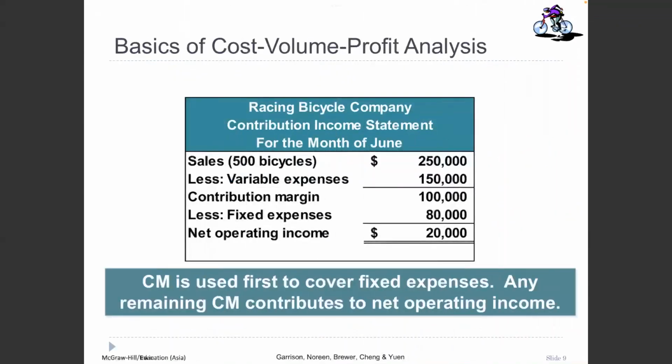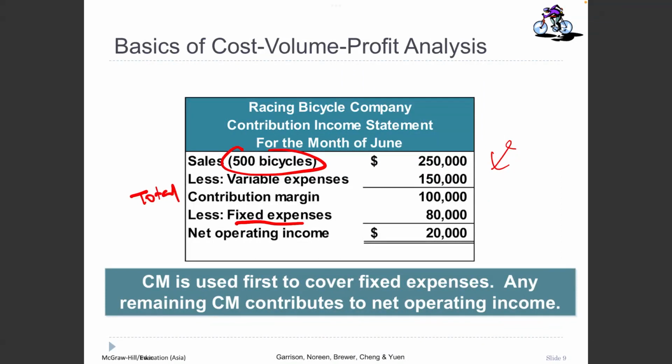The contribution margin is used first to cover the fixed expenses, so we will minus the fixed expenses. Therefore any remaining contribution margin will contribute to net operating income. So here you see this is the total contribution margin. Total contribution margin means it is for the 500 bicycles.